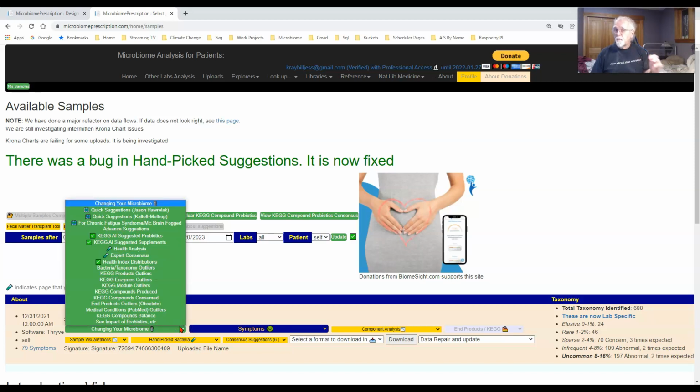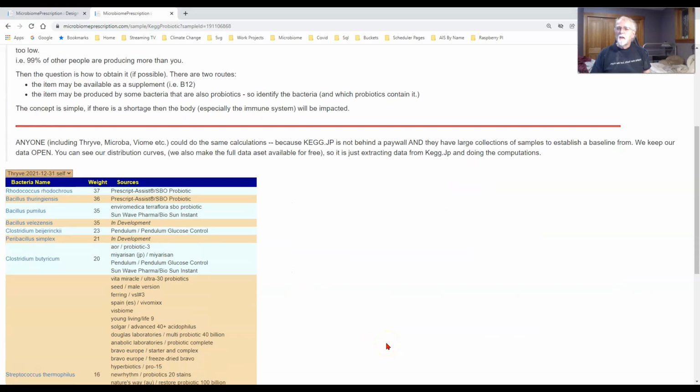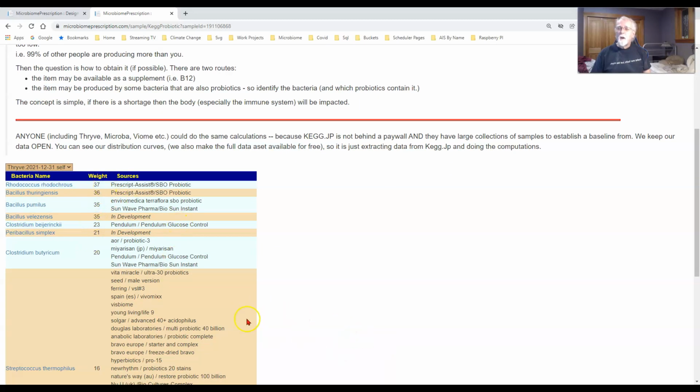I'm personally revising it because I discovered I can improve the logic, but you will find here the AI suggested probiotics. If you click here, it will go in and list off by weight which probiotics you should consider taking. And this does things a slightly different way. We look at what enzymes are being produced by the bacteria there. Not which bacteria are, but which the enzymes, and often the same enzyme will be used by dozens of different bacteria.